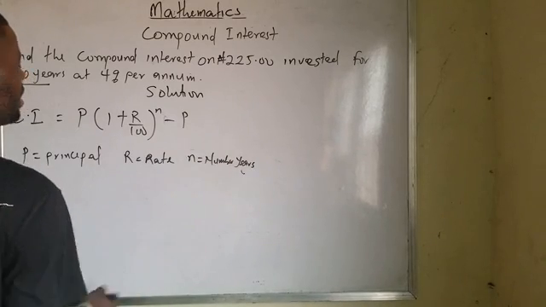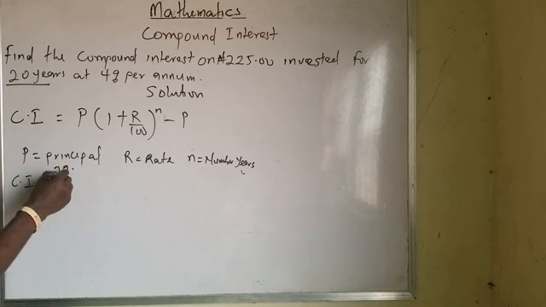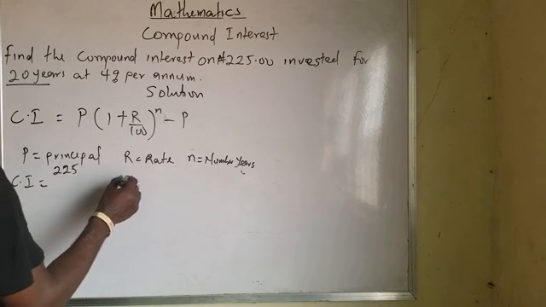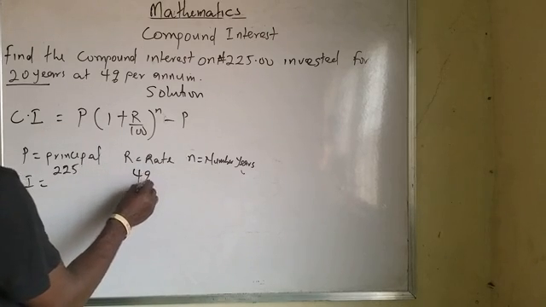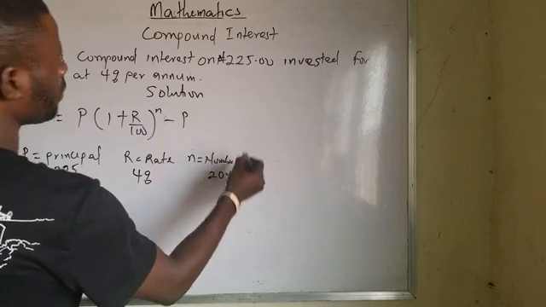Just note that, it's very, very important. From this question, principal is 225 naira, rate is 4%, and number of years is 20 years.